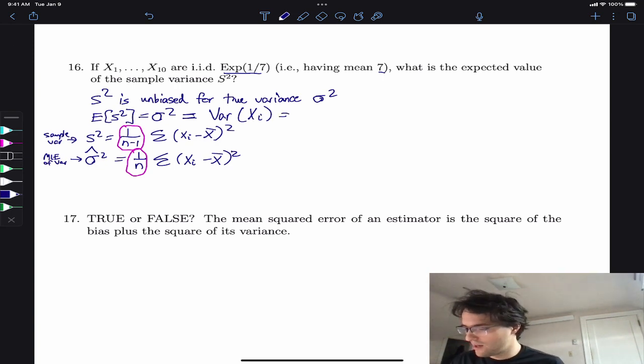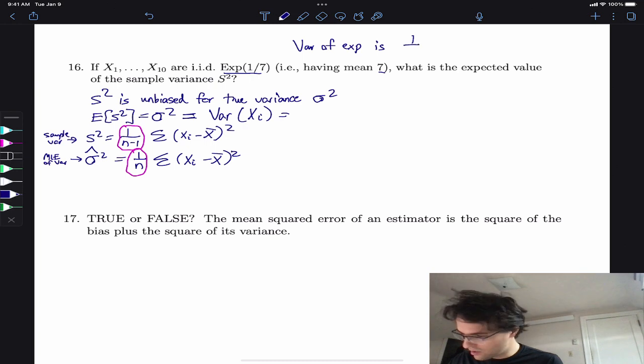And what is the variance of the exponential distribution? Recall, if you check the notes, the variance of an exponential is 1 over lambda squared.